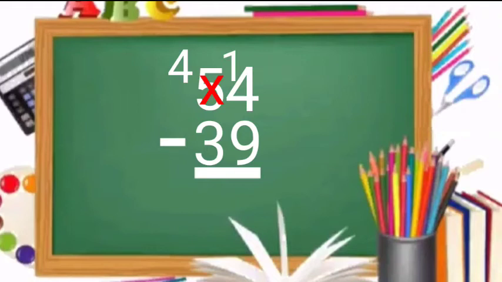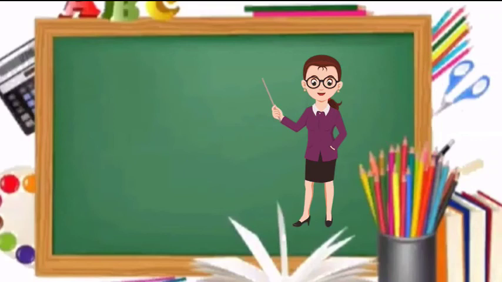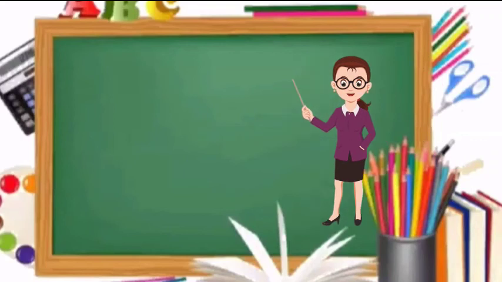We can now subtract 9 from 14. 14 minus 9 is equal to 5 and 4 minus 3 is equal to 1, meaning that 54 minus 39 is equal to 15.